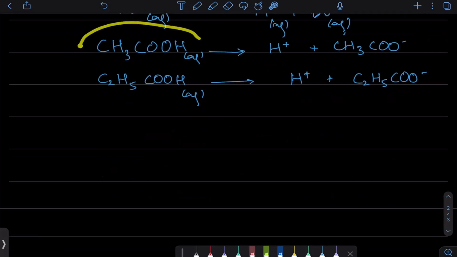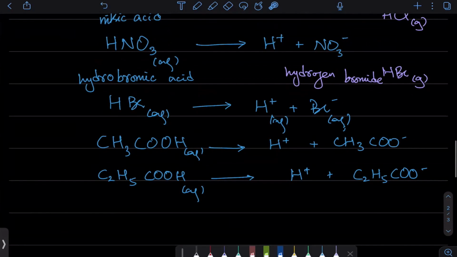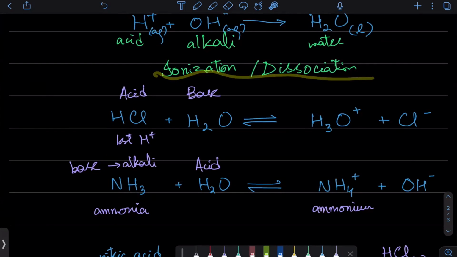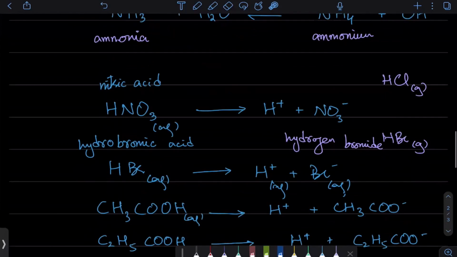But if I take 1,000 of this, maybe 10, 20, 50, 100 of that will make this. Because not all of them are taking part in this process, in the process of ionization. I call these things weak acids.